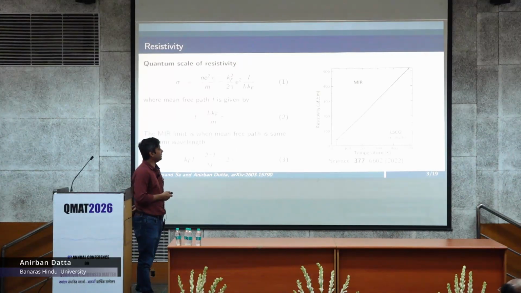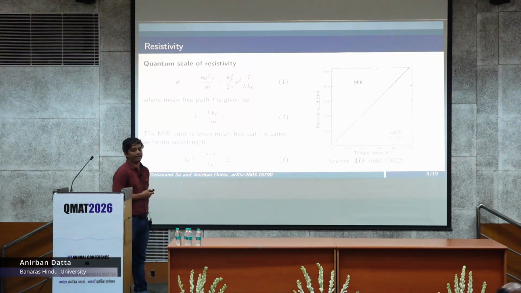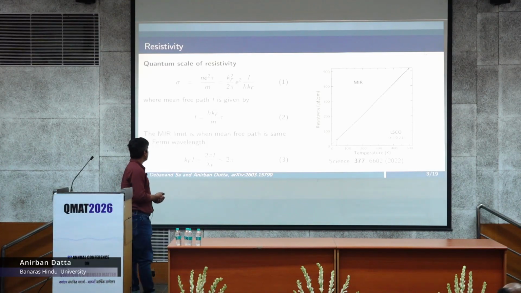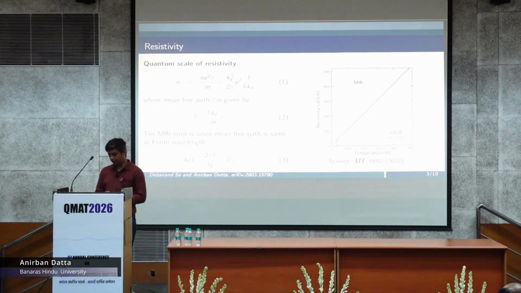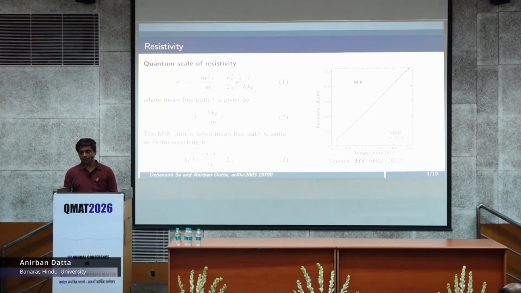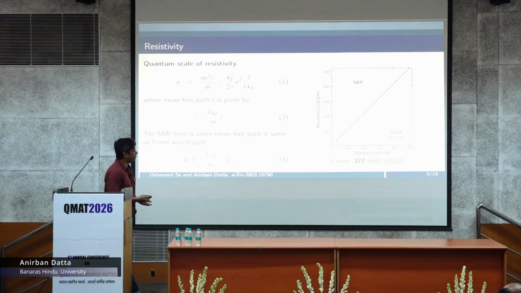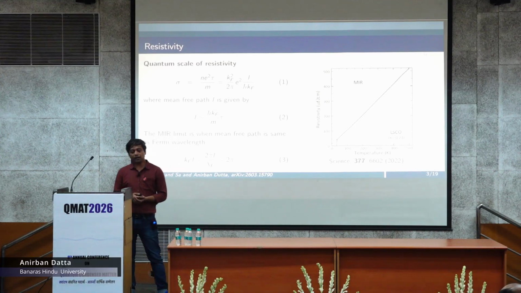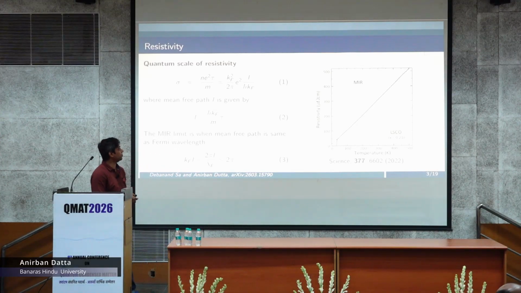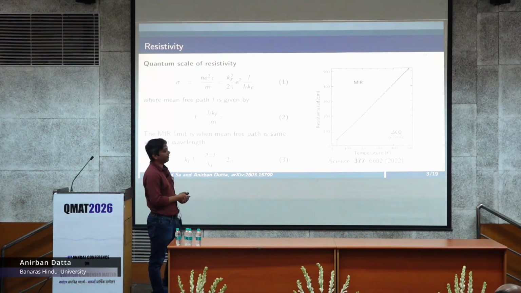Moreover, this linear dependence is maintained beyond the MIR limit, the limit where the mean free path of the electron is comparable with the Fermi wavelength. In this limit the standard Drude-Boltzmann theory of transport stops working, and for a normal metal the resistivity usually saturates beyond it. On the other hand, in the strange metal phase of cuprate superconductors, the linear resistivity is maintained beyond the MIR limit.